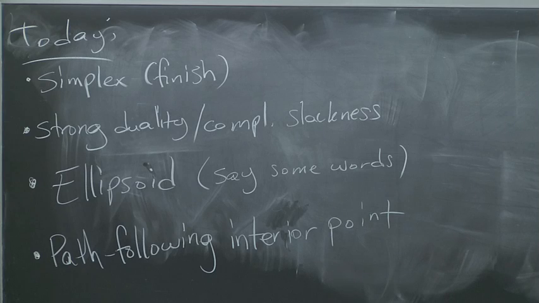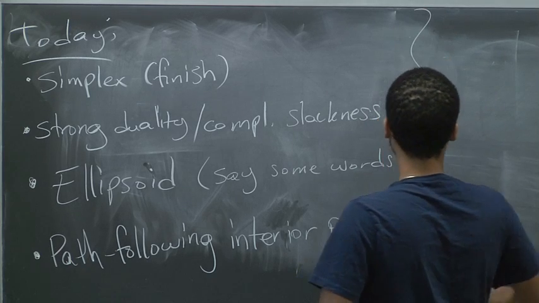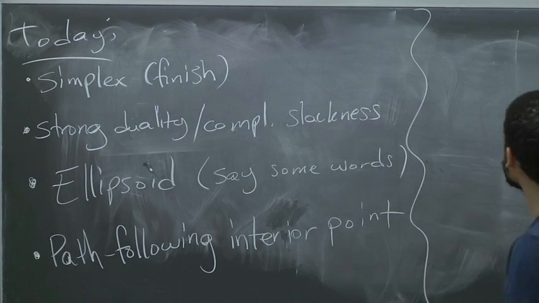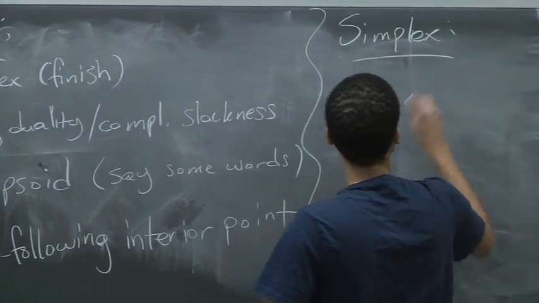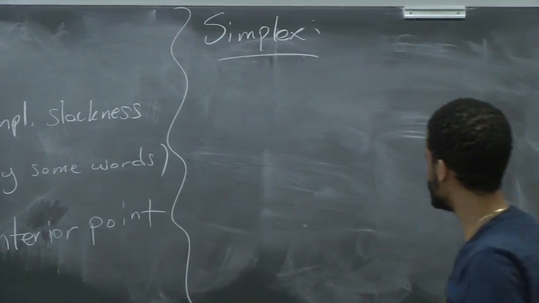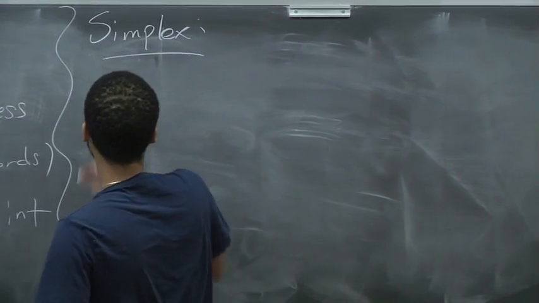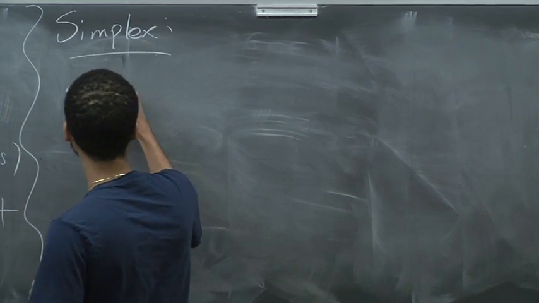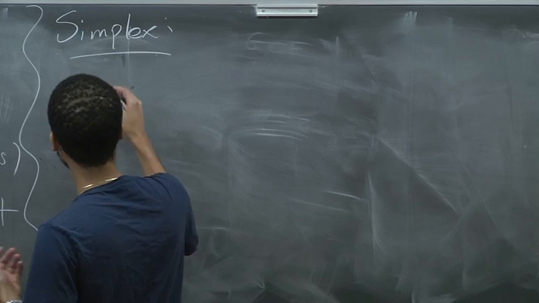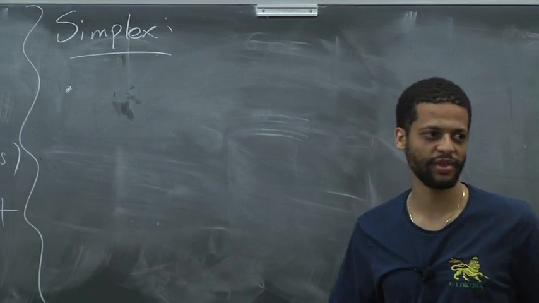All right. Okay, so let's finish up with simplex. Remember, the basic idea was vertices. We gave one definition of vertex, and we saw it was equivalent to another one.